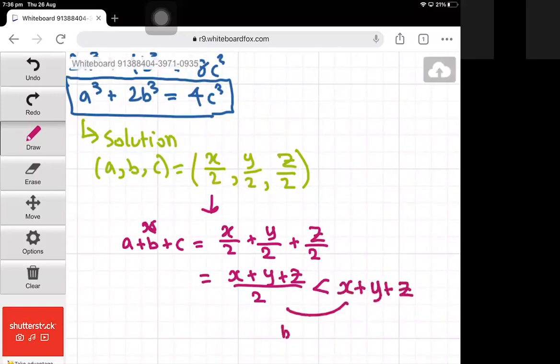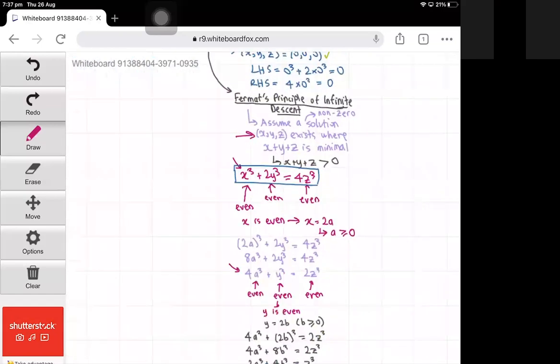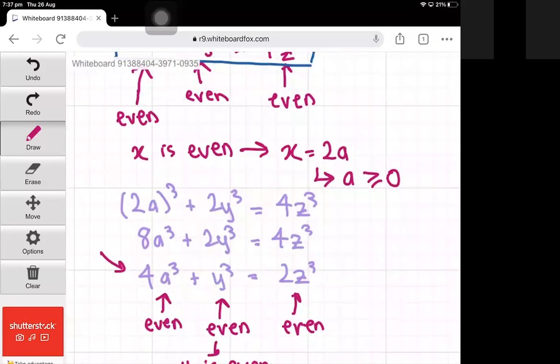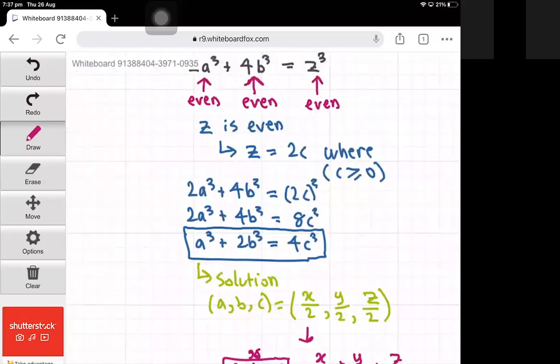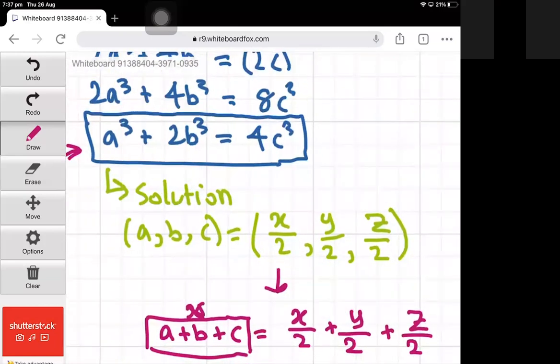This is because x plus y plus z is greater than 0. So since x plus y plus z is greater than 0, we in fact have a plus b plus c less than x plus y plus z. And this is bad, because we assumed x, y, z was the minimal solution, but now we have this a, b, c solution, which is even smaller. So our initial assumption was wrong.